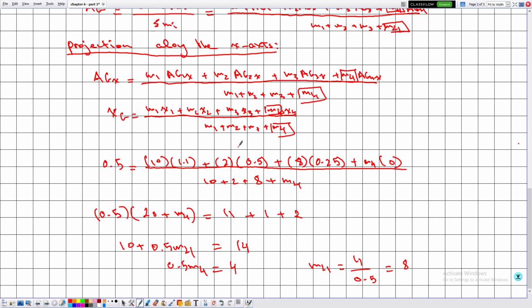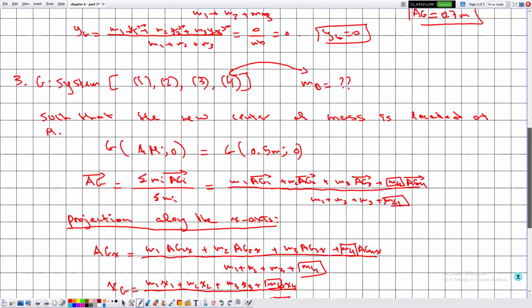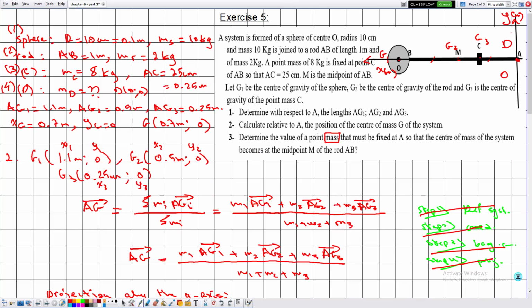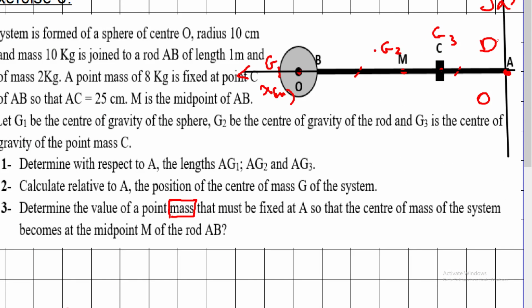Notice that previously we have expressed all the masses in terms of kilograms, so m4 will be expressed in kilograms. So in this case m4 is equal to 8 kilograms. Now what does this mean? Previously, without considering the point D, the center of gravity of the system was given at G by 0.7 meters.